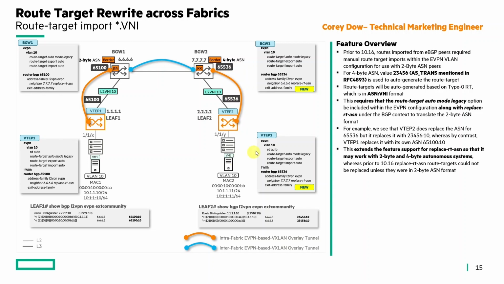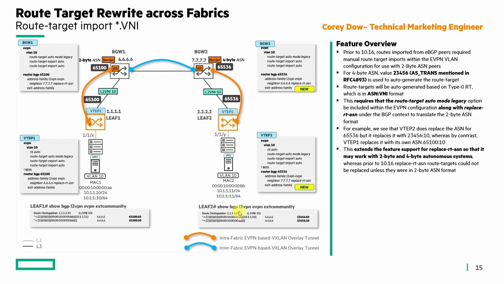And as we mentioned on the prior slide, you can see what happens from each of the leafs' perspective once they're imported in. You can see that on the left-hand side, leaf 1 is in 2-byte format already. So you see that the route target is replaced with its own ASN, 65100:10, corresponding to VNI 10.